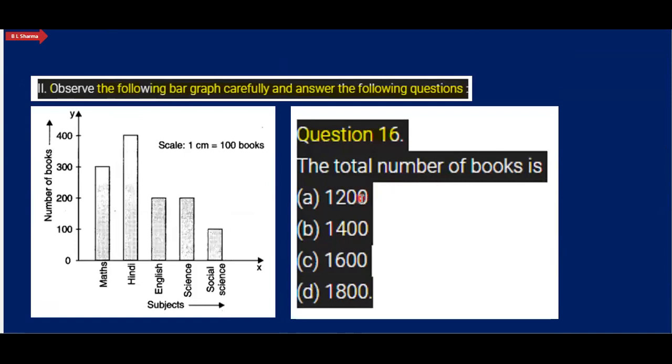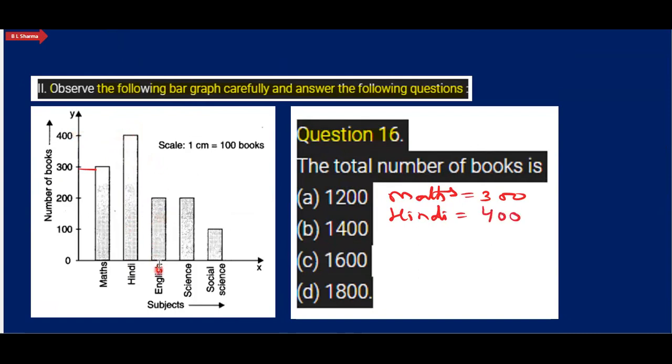Question number 16. The total number of books. So here, the maths book, that is 300. Maths. Then Hindi, that is Hindi books. This is Hindi. Hindi books are 400.